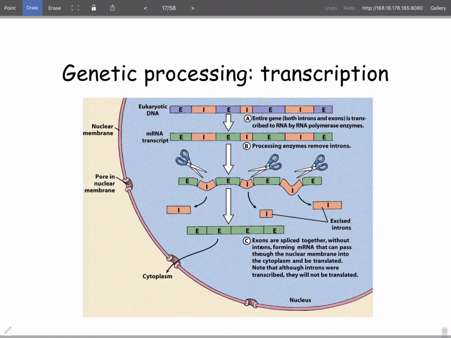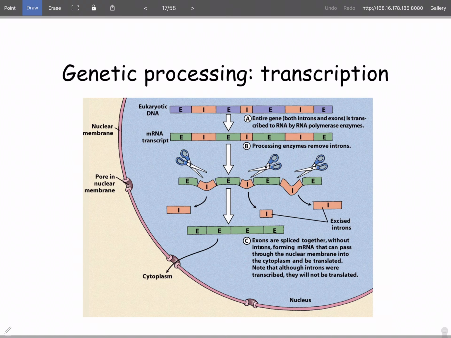Okay, some of you guys, I don't know if you have or not, but what happens in eukaryotes is when you look at a gene in a eukaryote, there's certain parts of it that are going to encode for messenger RNA that will encode for protein, right? And there's certain regions that are not going to be translated, okay?